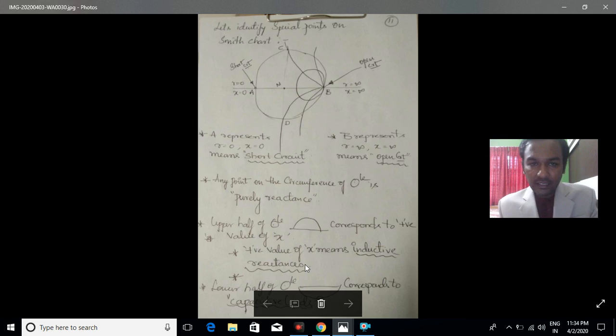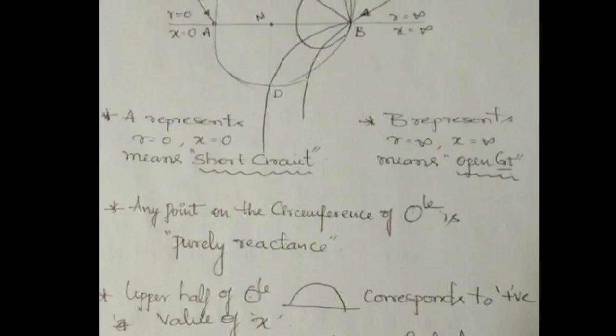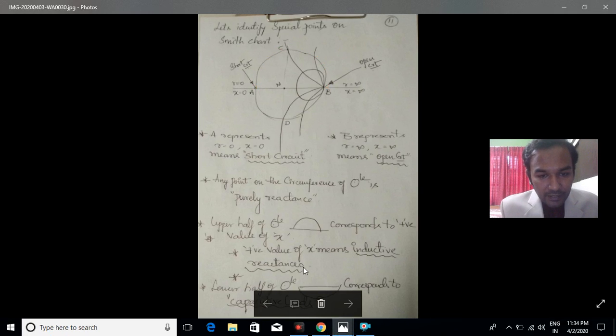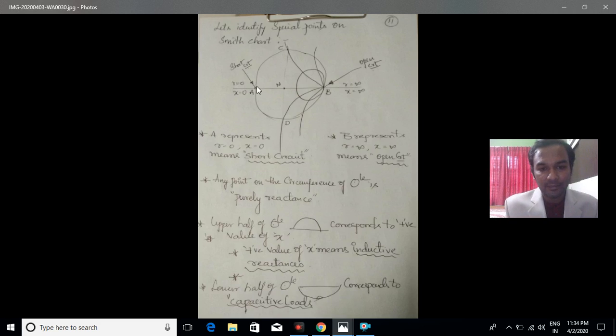See, the Smith chart has clearly given a few representations here. The positive half which is present here will give positive X values. Positive X value represents a purely inductive reactance. So you can say there are inductive reactances present in this region from here to here.